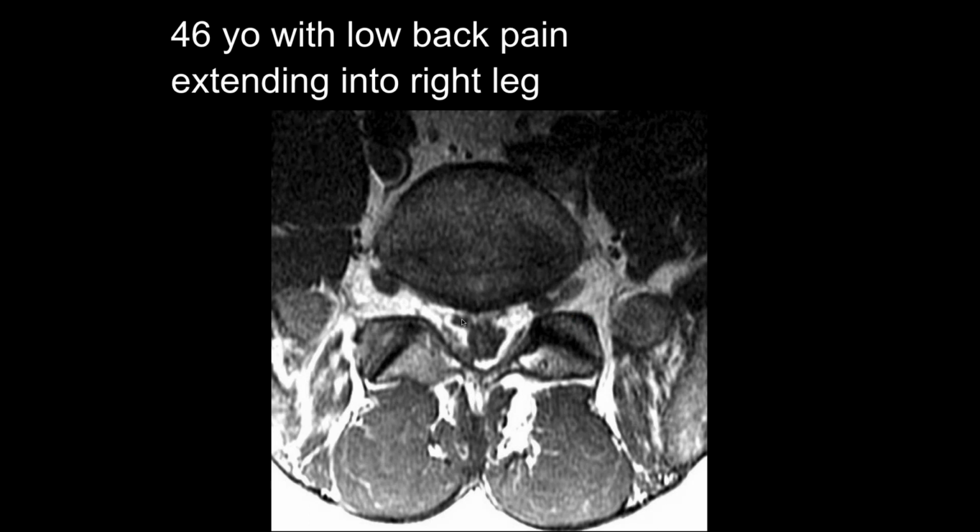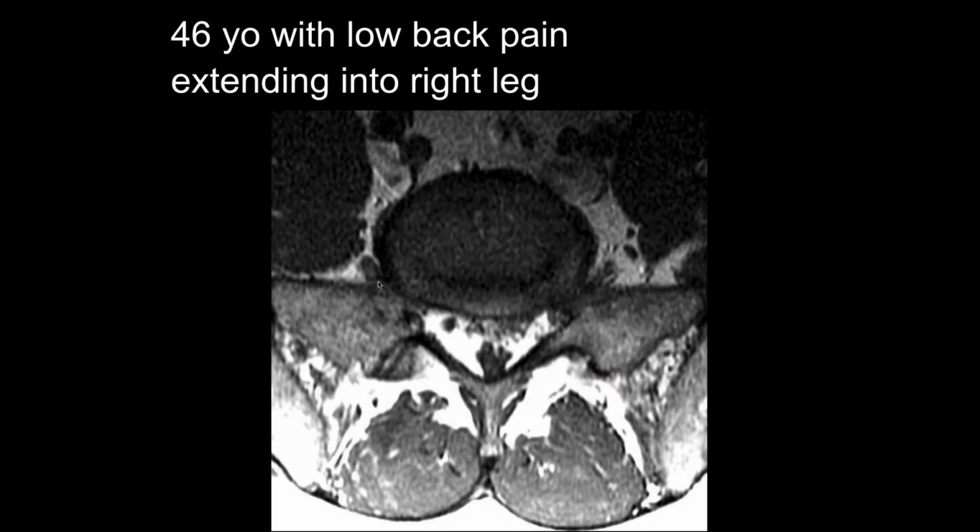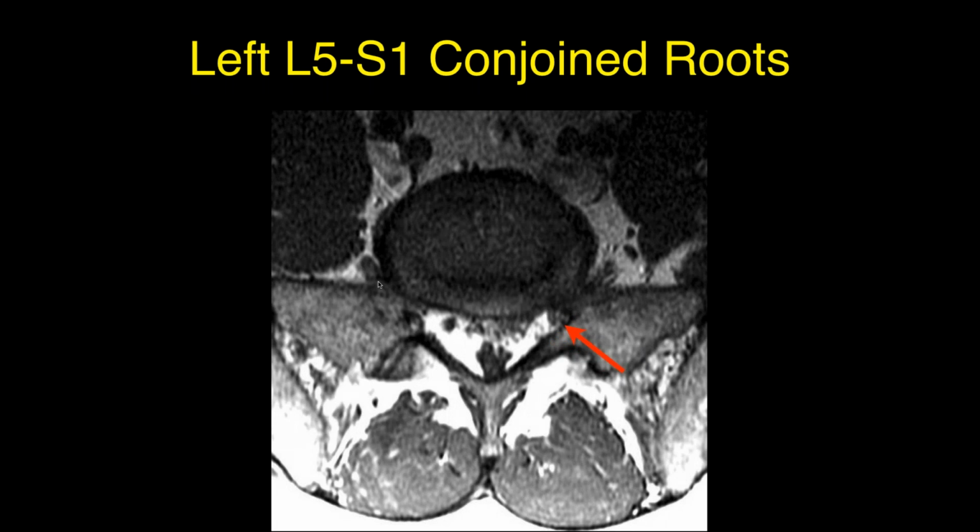Here's the S1 coming out of the thecal sac, and there's the L5 coming out over there. Interesting. And then you can follow it all the way down. So that's called a conjoined nerve root. The surgery here, if that's going to happen, is kind of tricky, so you don't step on the wrong root. Yeah.